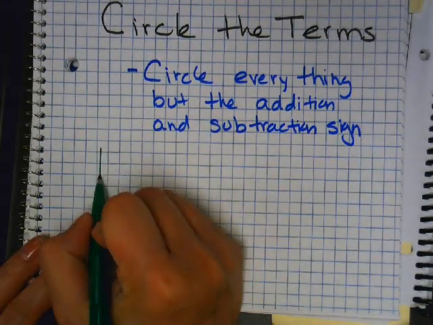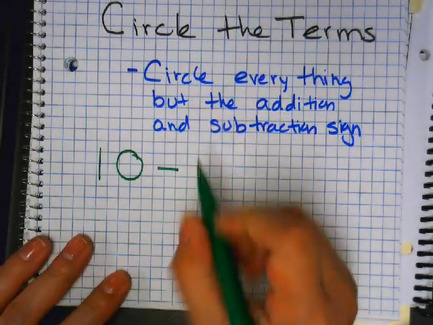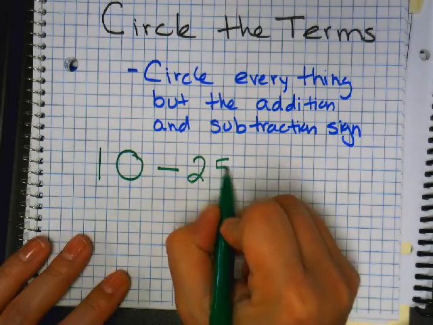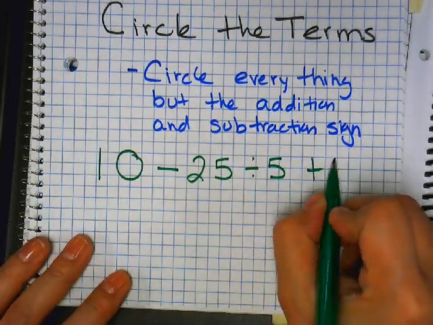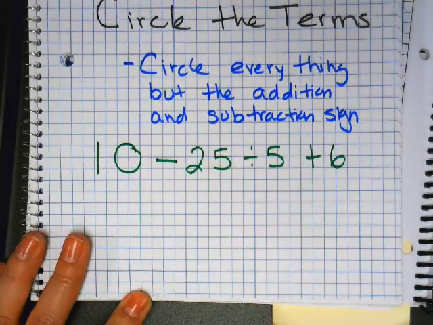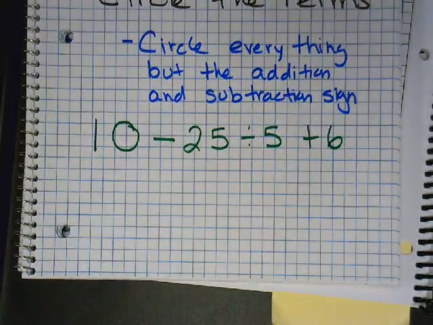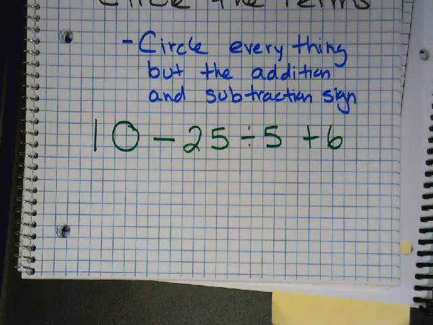So let's do this problem. 10 minus 25 divided by 5 plus 6. Why is it so long? Well, order of operations have us dealing with long problems. Now, let's pretend Ruben decides to subtract first, and Brianna decides to divide first, and I decide to add first.